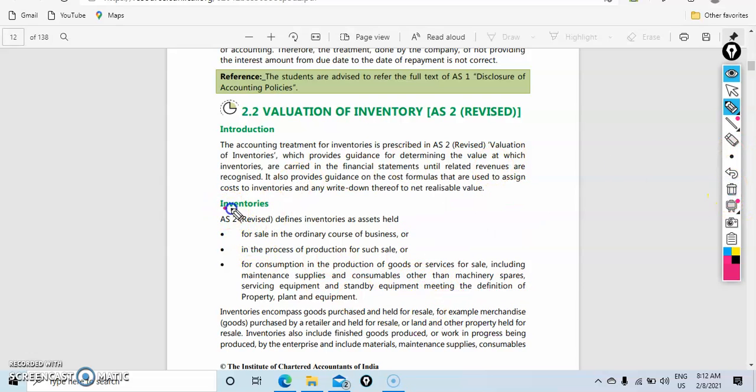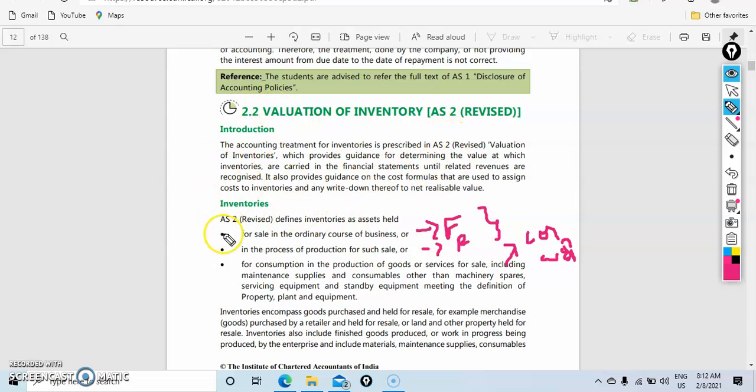As per the definition, inventory is what is held for sale in the ordinary course of the business, what is in the process of production, and consumables. So finished goods, raw materials, and consumables, nothing but work in progress, are the three we consider as inventory.